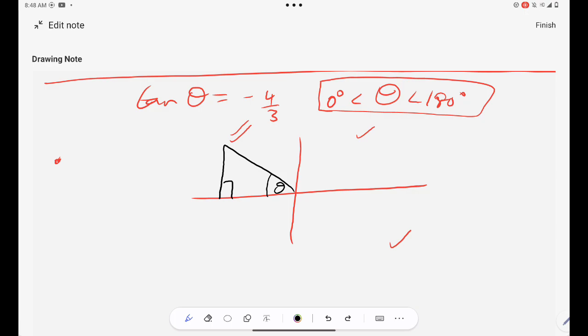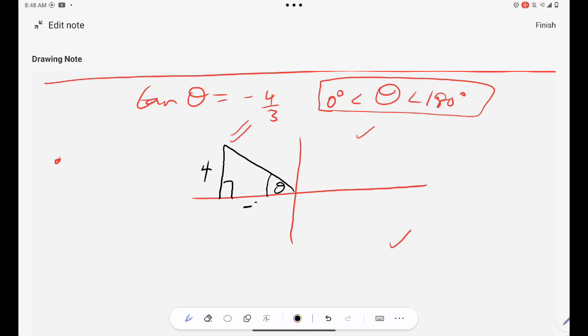Are you together? One is positive and the other is negative. But since my triangle is above the x-axis, Y will be positive. That means I'll have a 4 there. And then since the triangle is on the left hand side of the y-axis, that means X is negative.